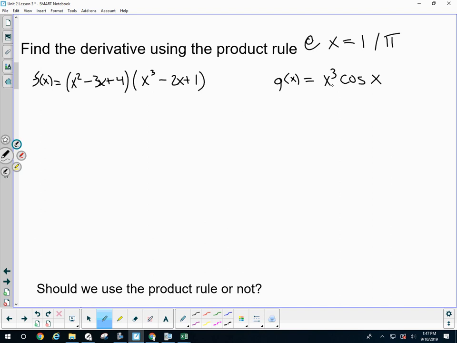And this one right here, I can't distribute. I can't take x cubed and multiply by cos x and make it an easier function. Okay? I would have to use this new product rule. We will use it so often that it will make sense to you. All right.